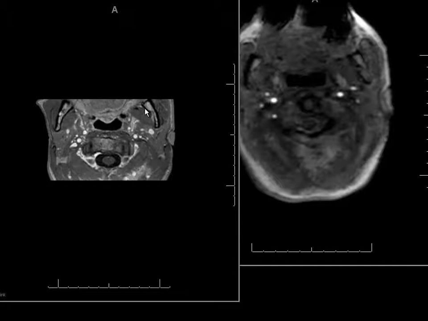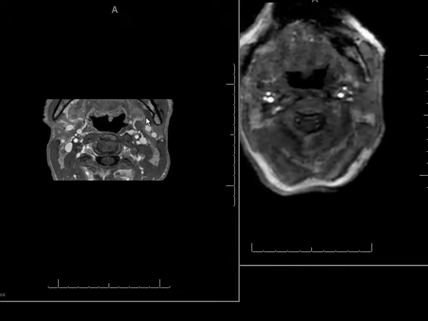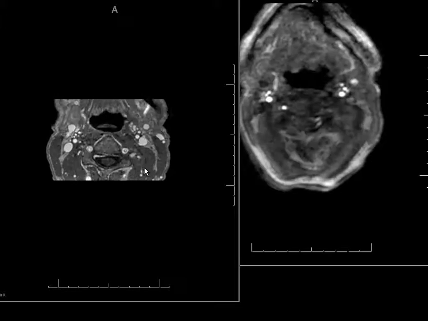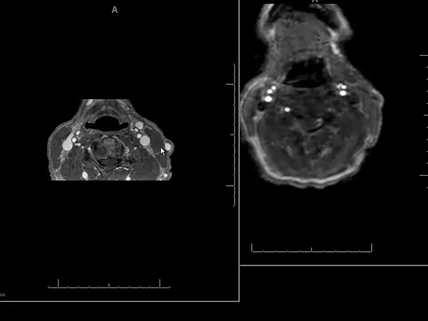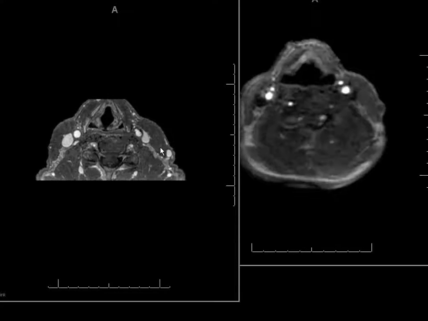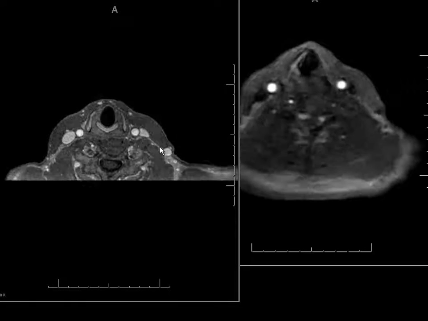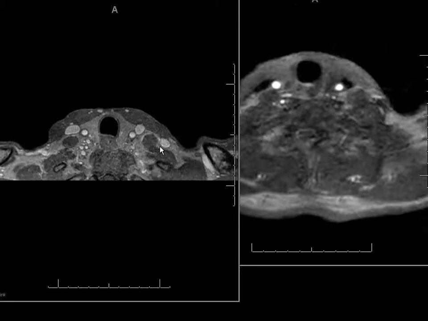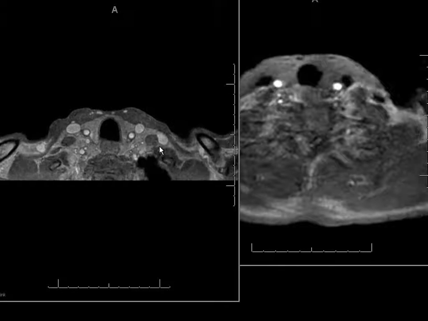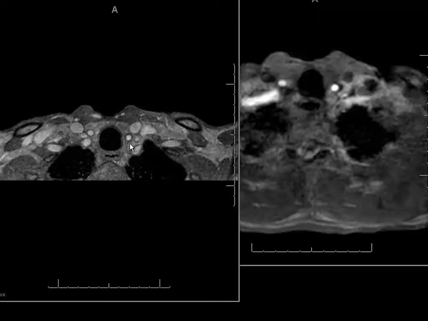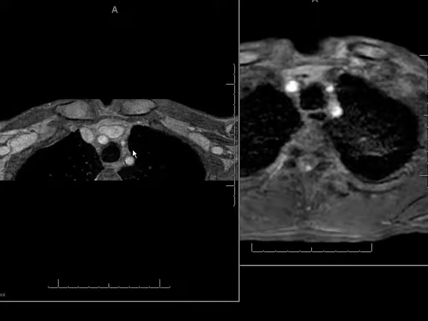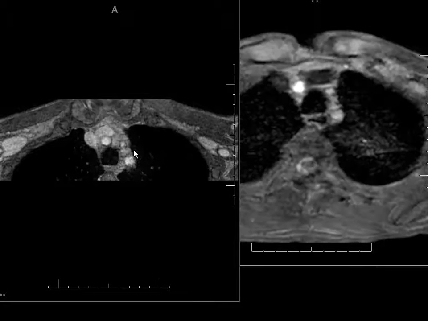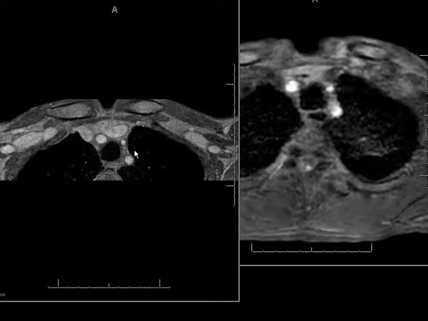However, on the other side of our screen are high resolution images obtained with this intravascular contrast agent that we can acquire in one slab and reformat into coronal, sagittal, and axial images. This is axial images. It is not approved for the carotid artery yet.